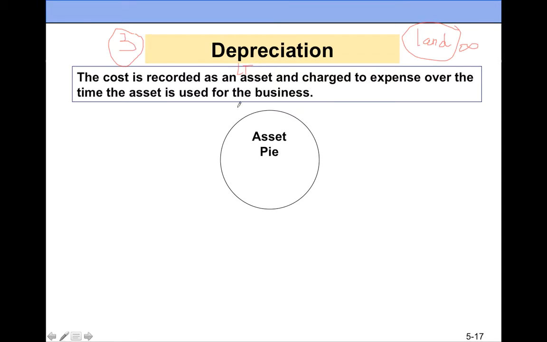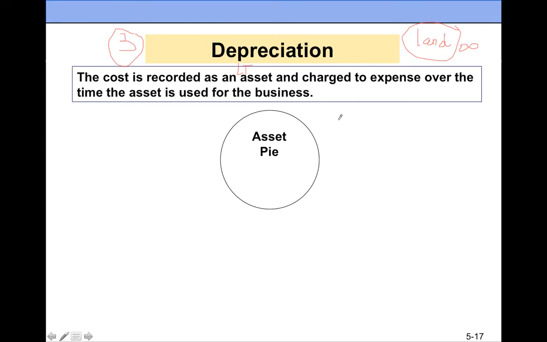So this is the fancy definition of depreciation. The cost is recorded as an asset and charged to an expense over the time the asset is used for the business. So think about you're buying a truck, you're paying $20,000 for it, and you're going to use it for 10 years. It would not be fair to charge $20,000 as an expense for 1 year.